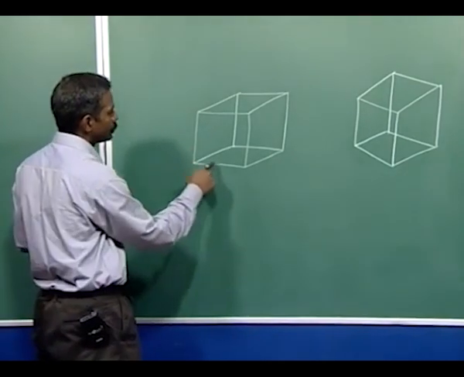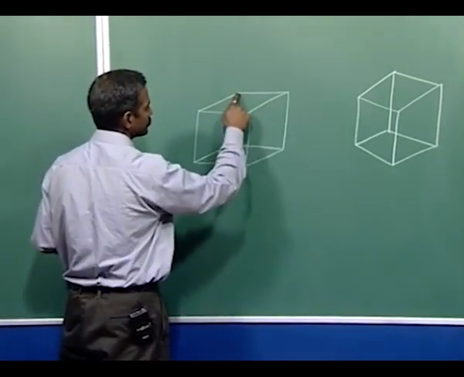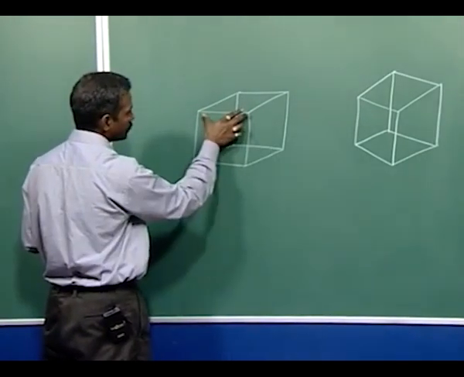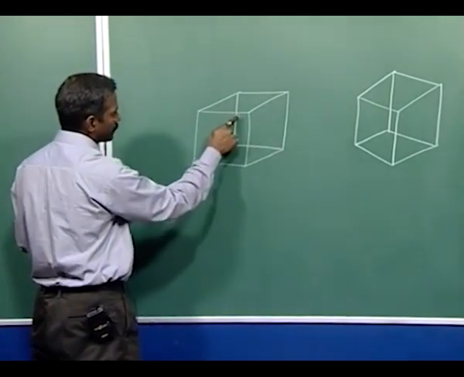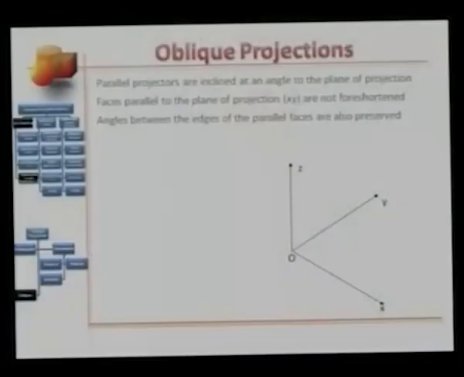Notice these two faces on this cube. These lengths are not foreshortened, and the internal angles also remain as 90 degrees. Let's work on some mathematics on oblique projections.